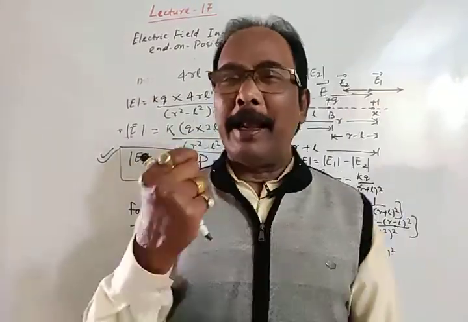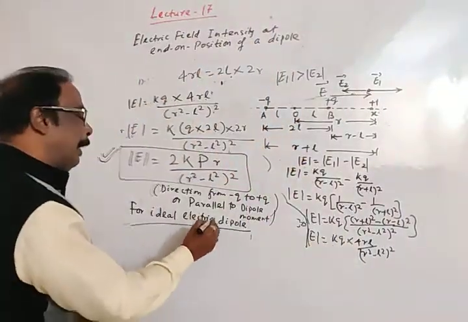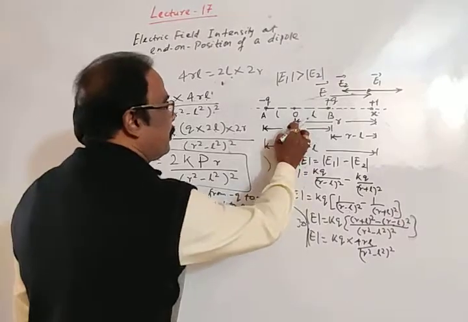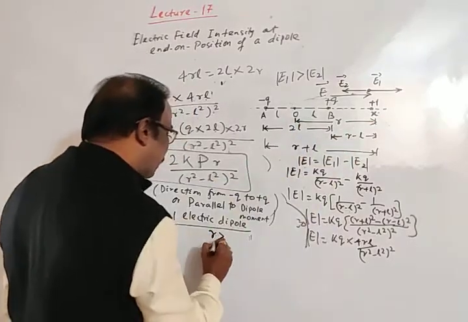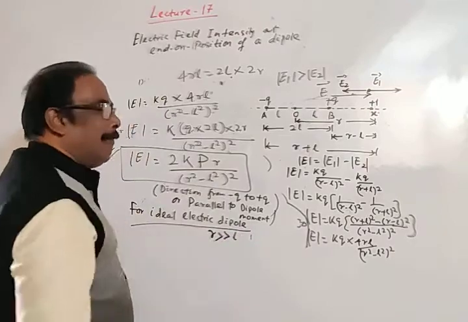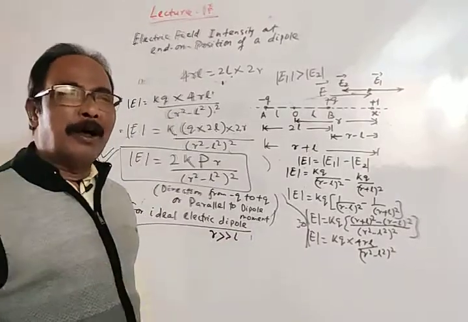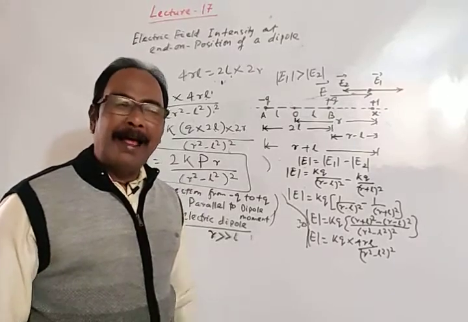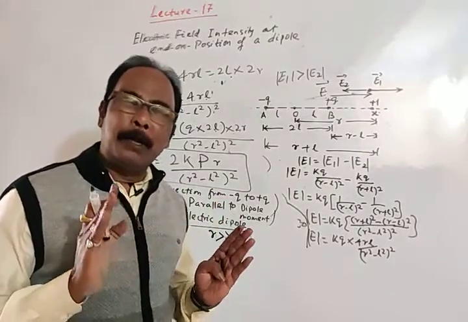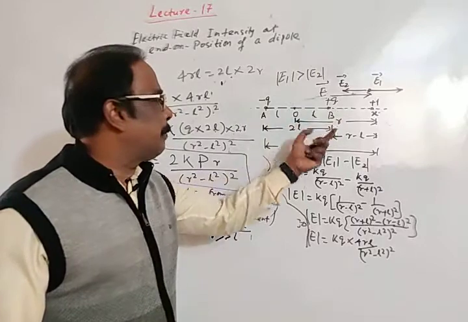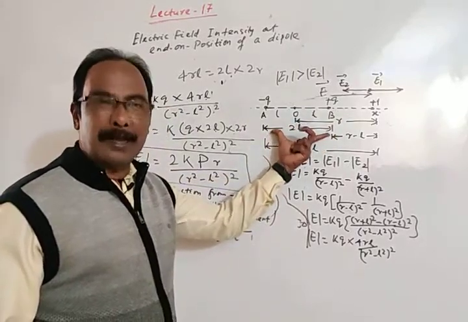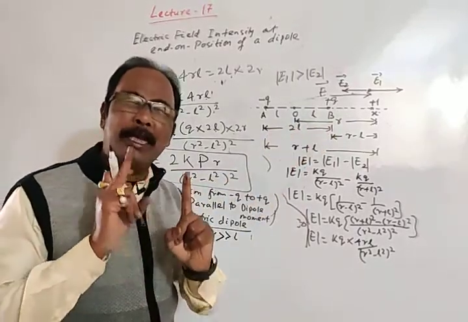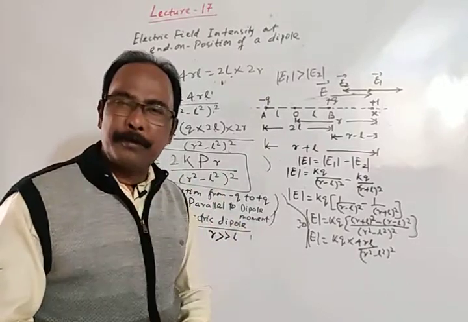If 2L tends to 0, then for an ideal electric dipole, this distance R is greater than L. So sometimes a question is asked like this: an electric dipole consists of two equal and opposite charges separated by a small distance. Small distance in comparison to what?